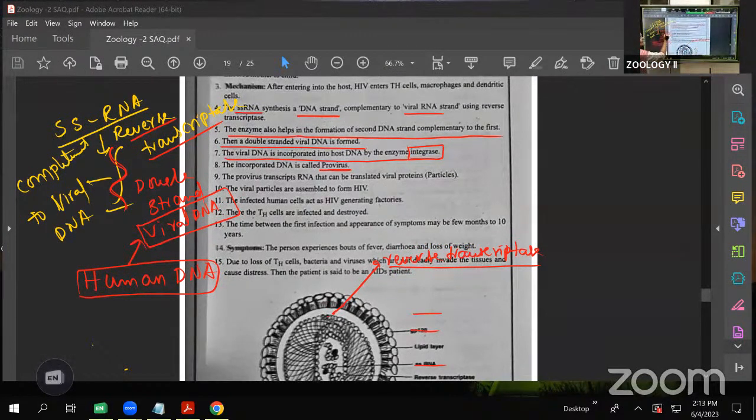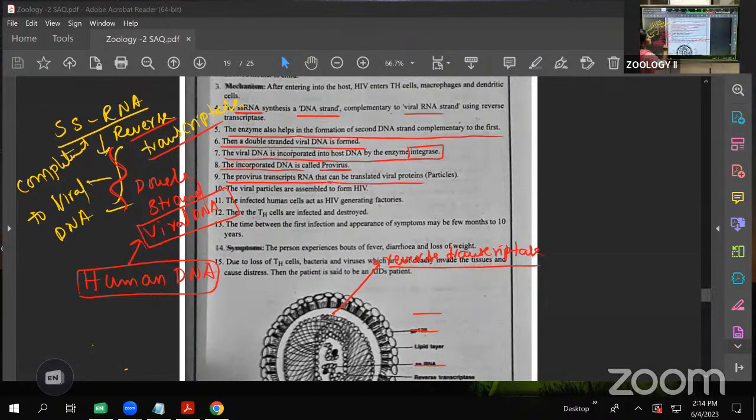Clear? The incorporated DNA is called a provirus. Clear? Now we call it a provirus. This provirus transcribes the RNA that can be translated into the viral protein.